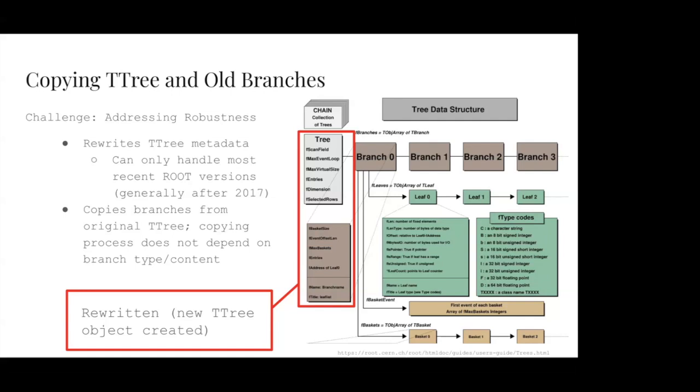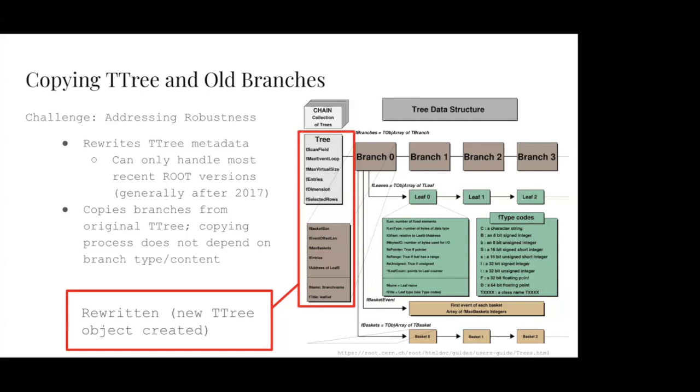So the challenge with this was robustness. We wanted it not to matter what branch types are, because having a different case for each potential type of branch would be really difficult. So I tried a few different methods, but what I ended up doing was rewriting the t-tree metadata, serializing it like Uproot normally would, with the correct number of new branches, and so on.